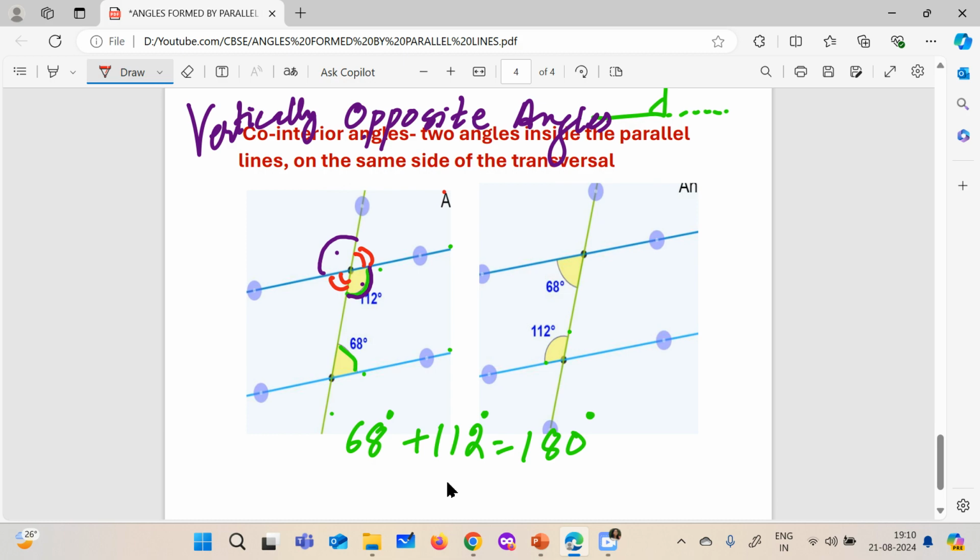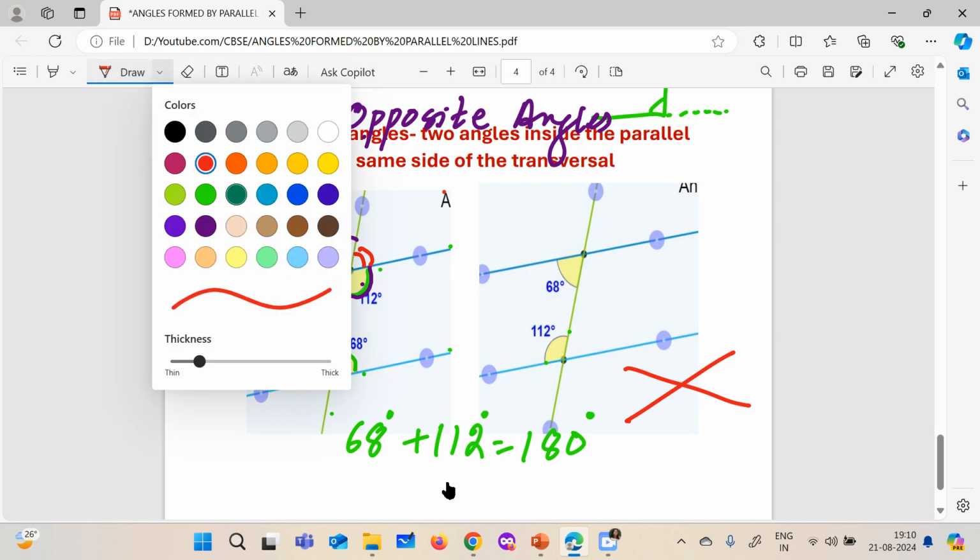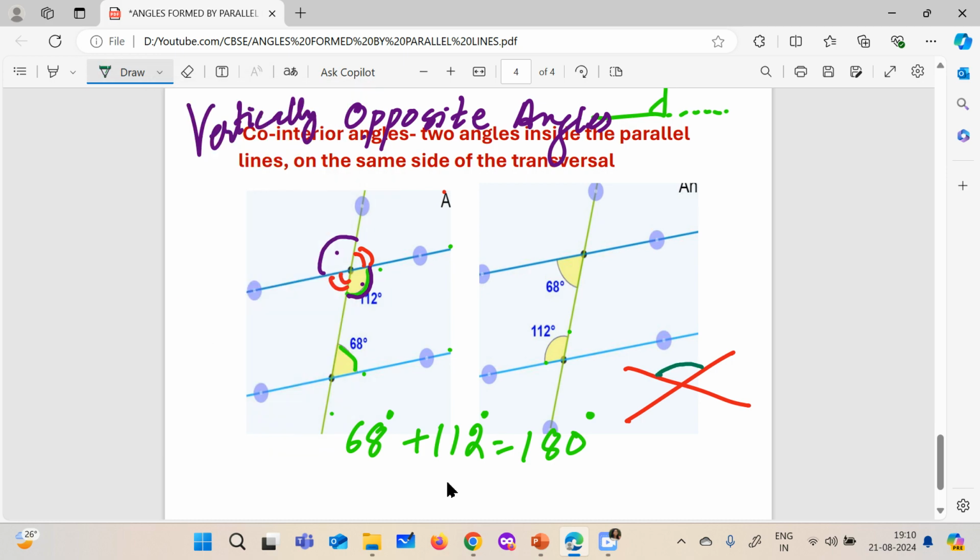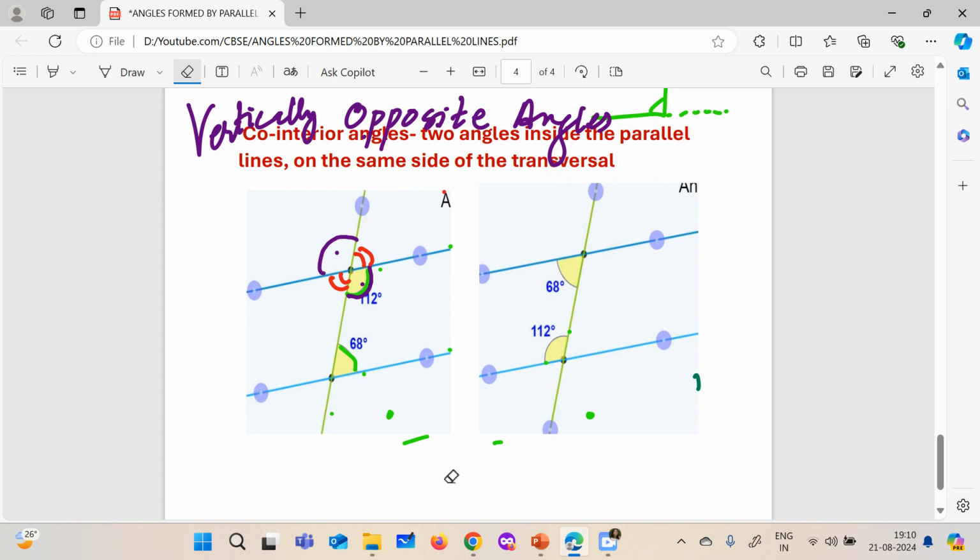Okay. So in simple terms, let me tell you, when we have two lines like this, this angle is equal to this angle, and then this angle is equal to this angle. So these are a pair of vertically opposite angles, and this is another pair of vertically opposite angles. Now let's see, suppose we have it like this.